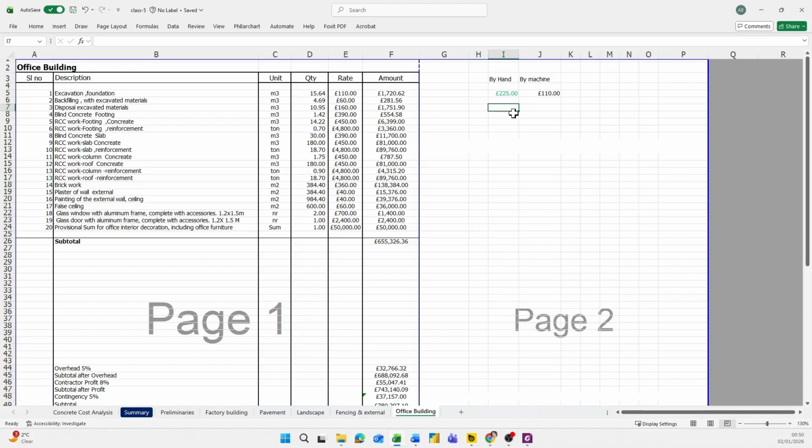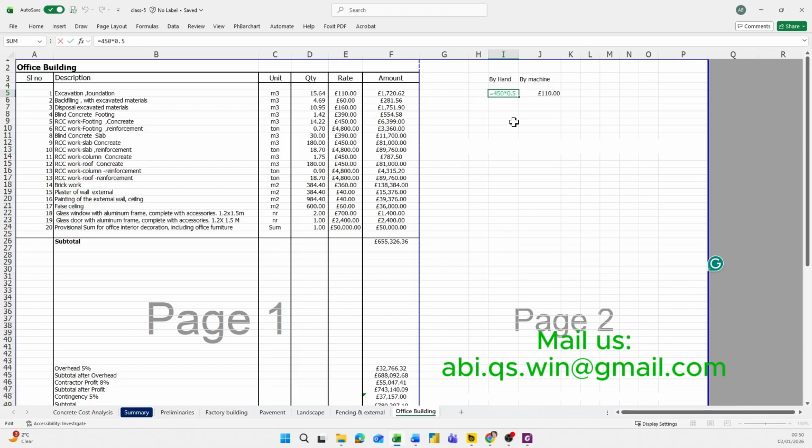In this case, per cubic meter, my assumption is half a day of a labor. So with half a day, and 450 is the per day labor price, it will be 225 per cubic meter excavation price if done by hand.